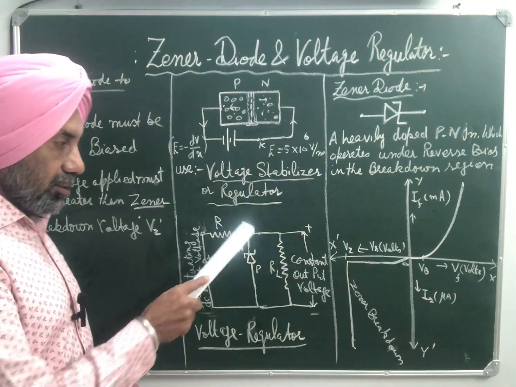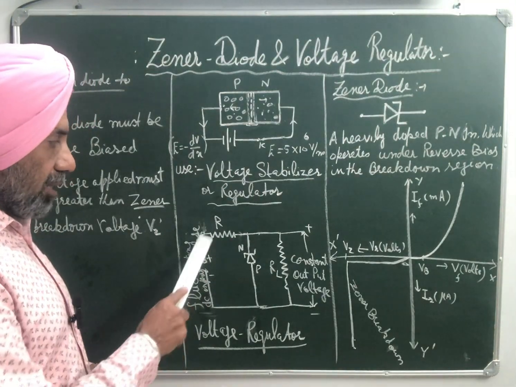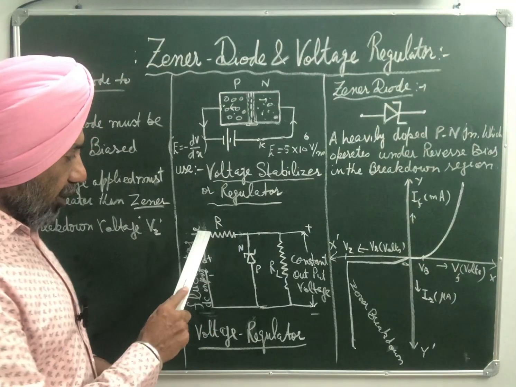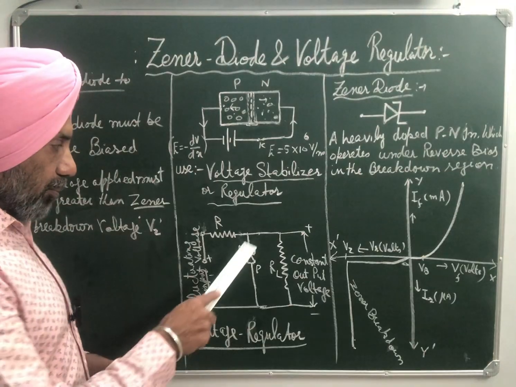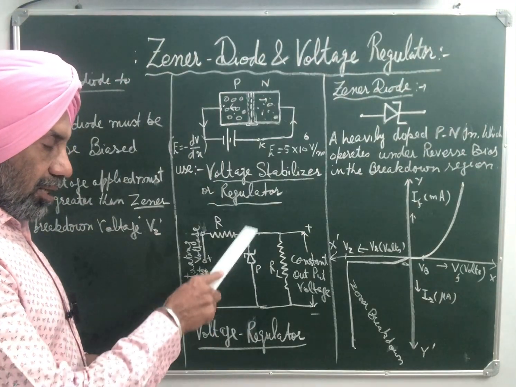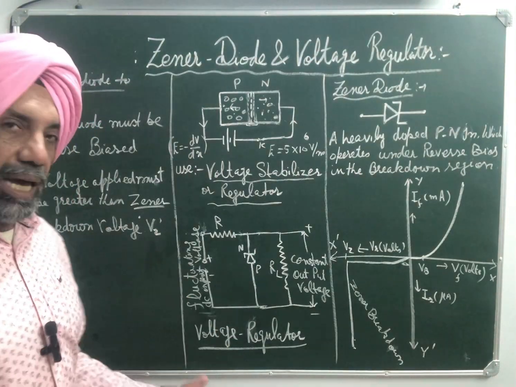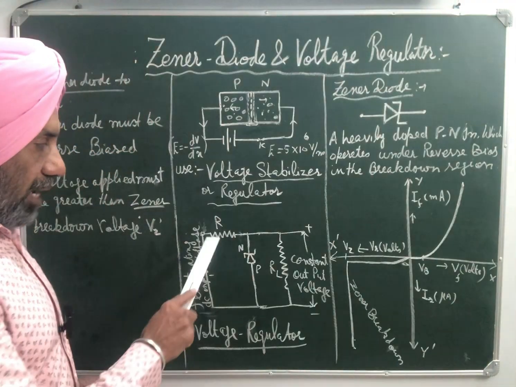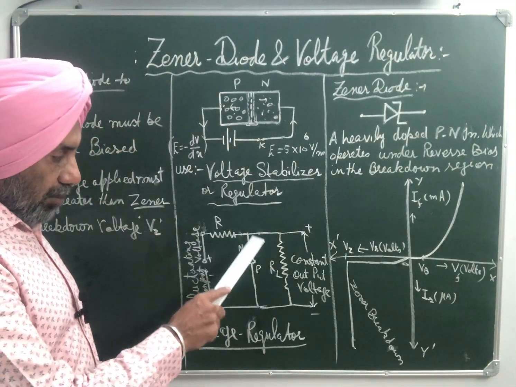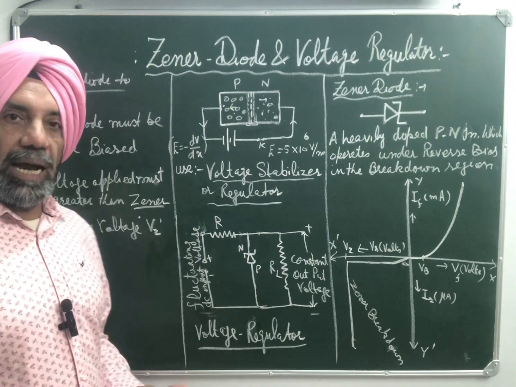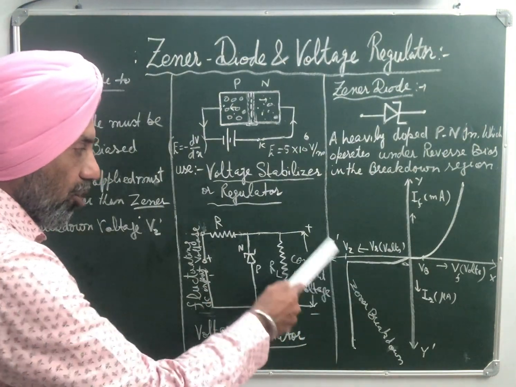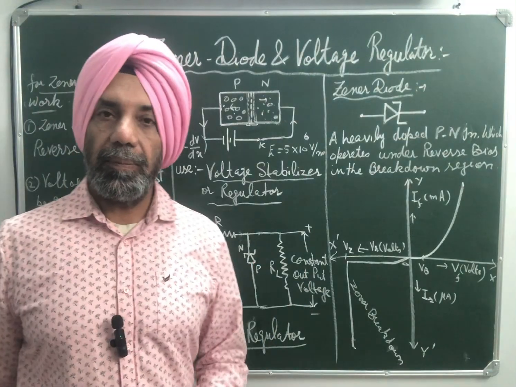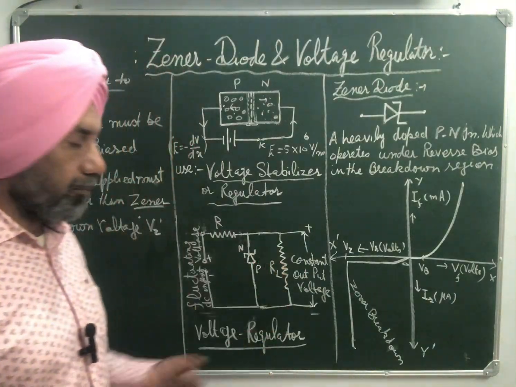Current increases in the circuit, and the voltage drop across R will increase. Beyond Zener voltage, the Zener diode resistance becomes almost negligible, so excess current passes through the Zener diode, and current through the load remains the same. That's why we get constant output across the load.